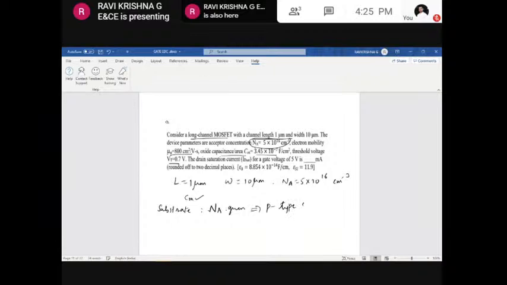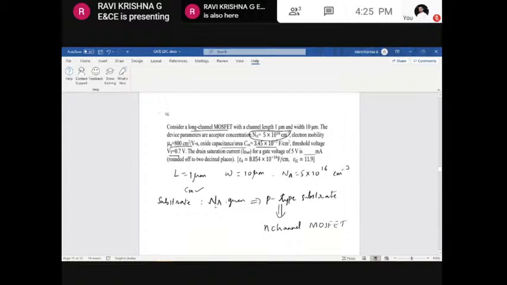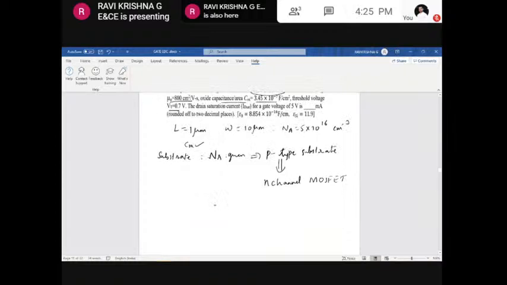In which type of device do you observe the p-type substrate? You observe the p-type substrate in the n-channel MOSFET. By default it is of enhancement type, because usually the depletion mode devices are not used nowadays.